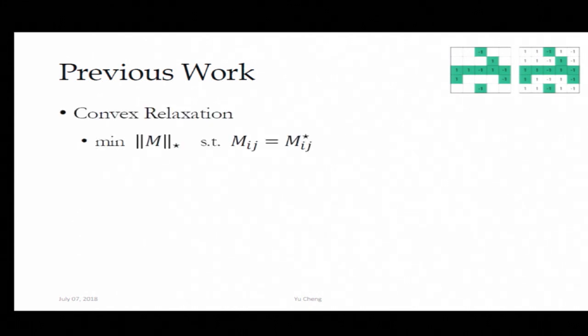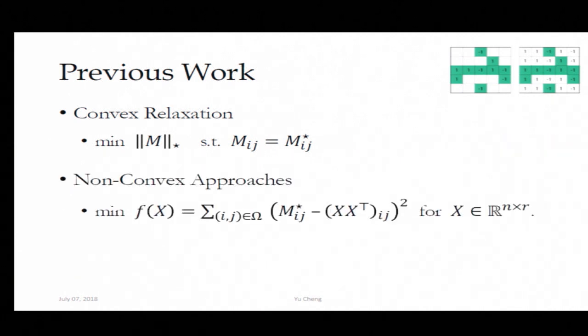So this problem has traditionally been solved using two types of approaches. One is the convex relaxation, where you minimize the nuclear norm of your matrix, subject to it agreeing with everything you observed. It's a relaxation because you really want to minimize the L0 norm of the singular values, but you minimize the L1 norm instead.